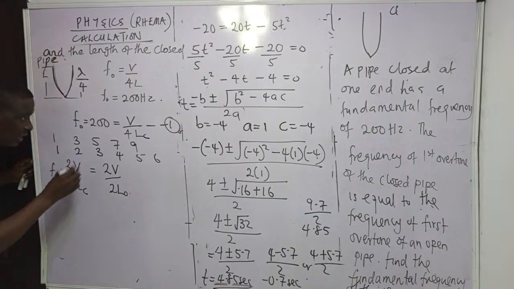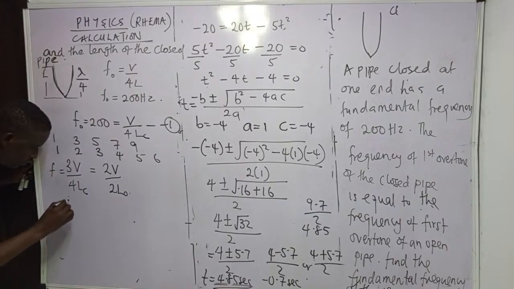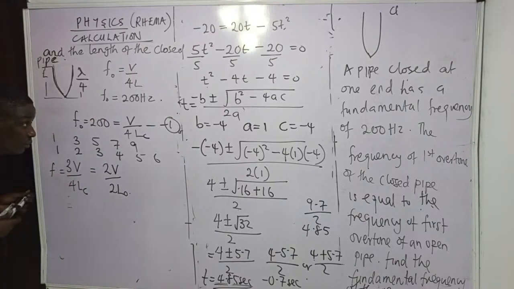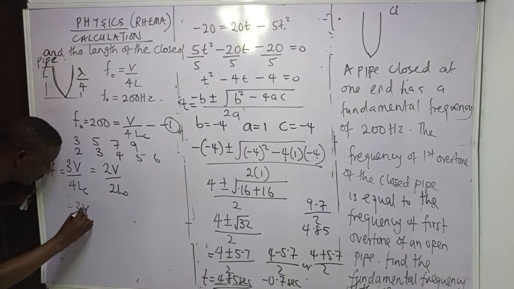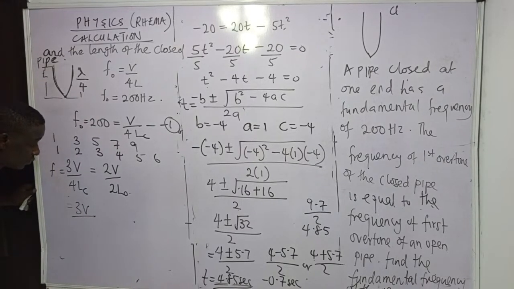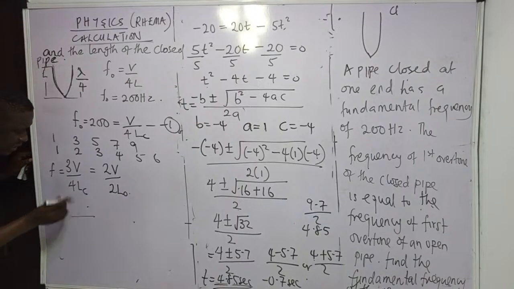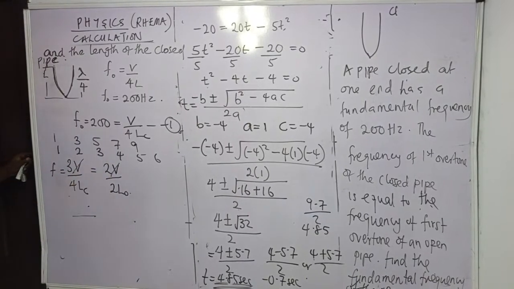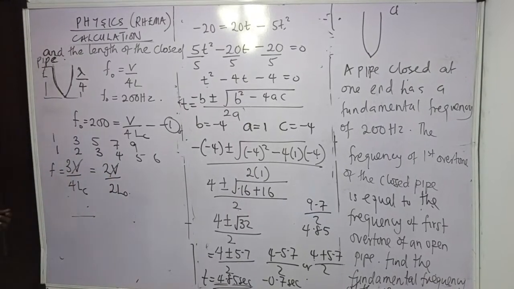So we can say 3V over 4L. We can even cancel out, because the velocity of sound in air is the same for both. They have the same velocity, called V. So we can cancel out. What do you have? You have 6.